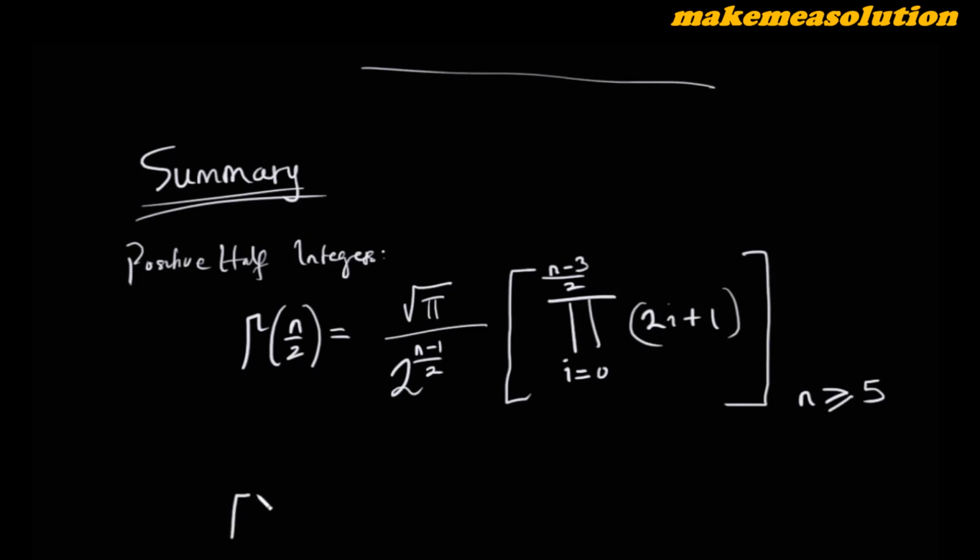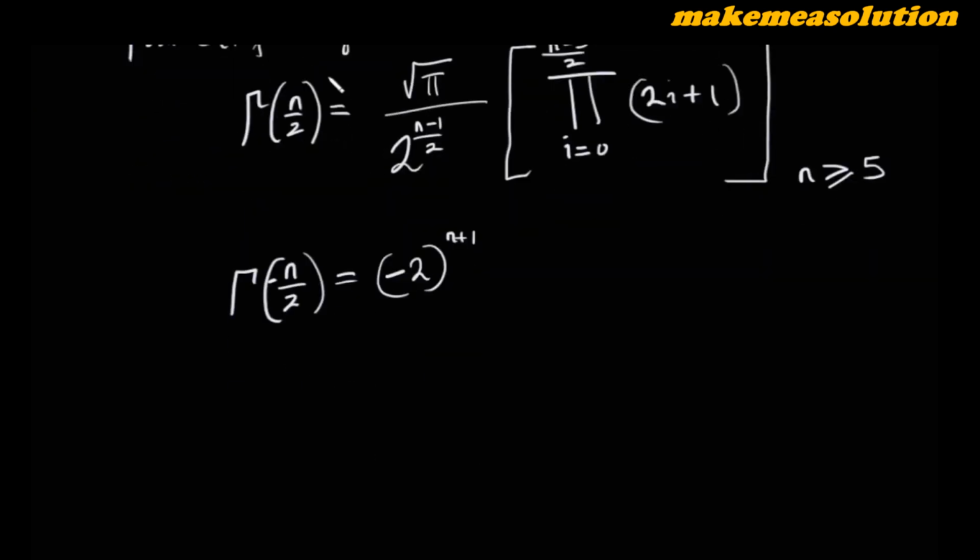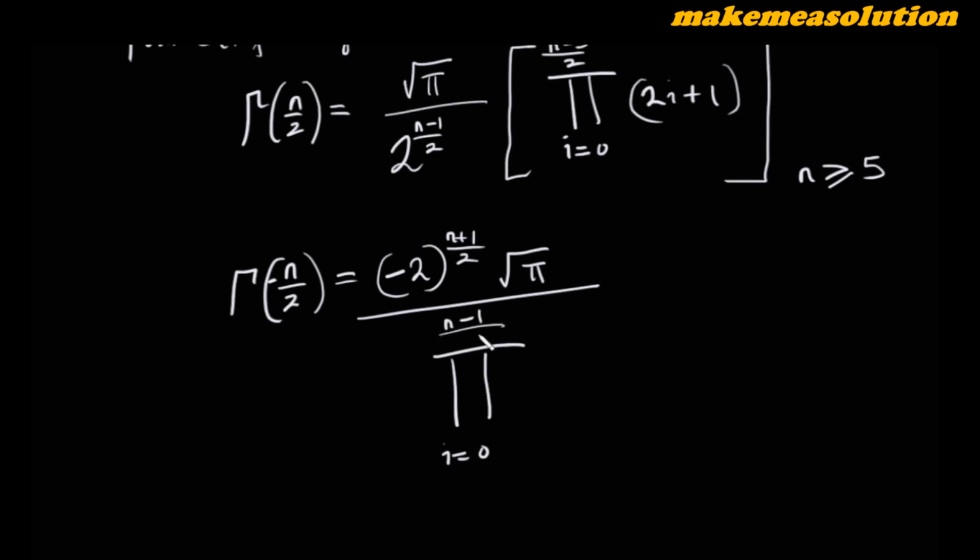Then for negative half integers, you have minus n over 2. Gamma of minus n over 2 is minus 2 raised to the power of n plus 1 all over 2, then you now have root pi divided by the product operator, i equal to 0 to n minus 1 all over 2, of 2i plus 1.